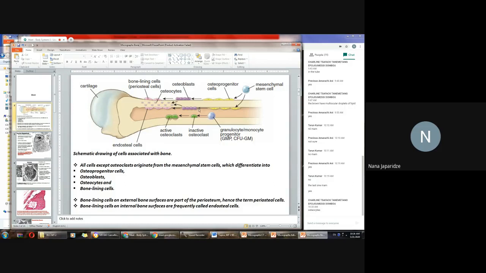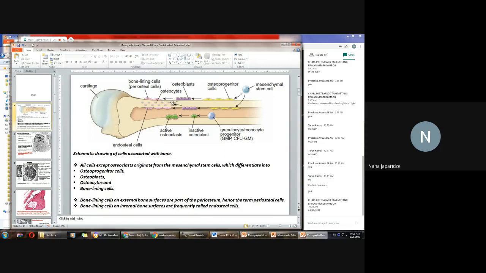The same happens on the inner surfaces. Osteoblasts are formed. And these osteoblasts, both the outer and inner populations, are able to differentiate and give rise to the osteocytes. The osteoblast cells are able to produce extracellular matrix.